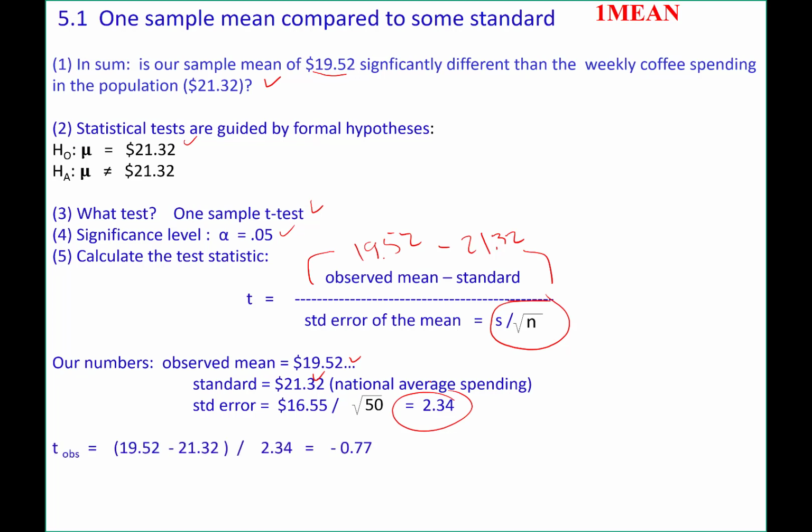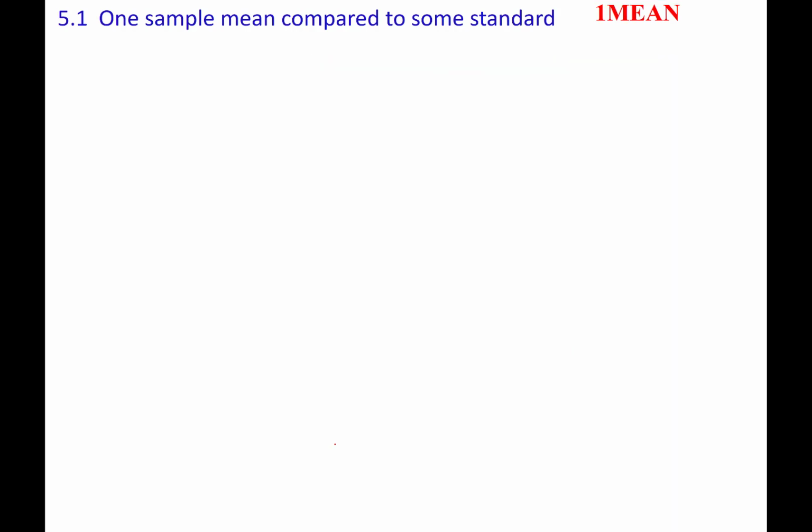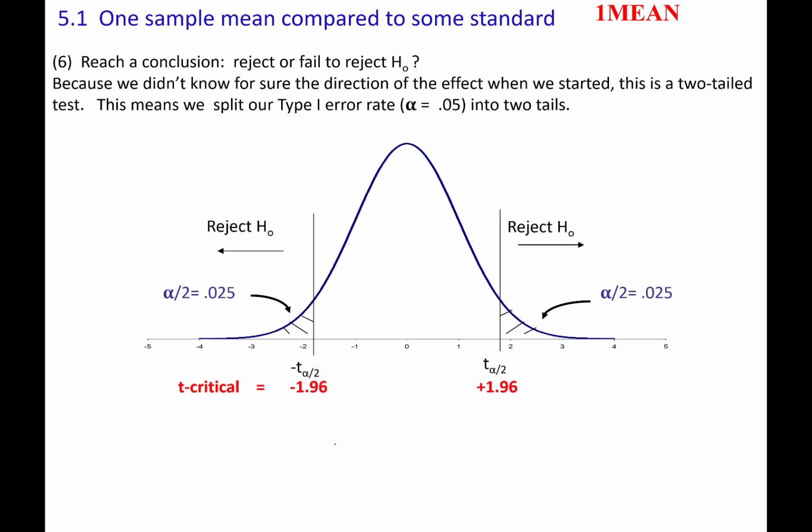When we calculate the t observed, that's how we refer to the calculation from the sample, we get a t statistic of minus 0.77. We're going to make use of that now to make our comparison.